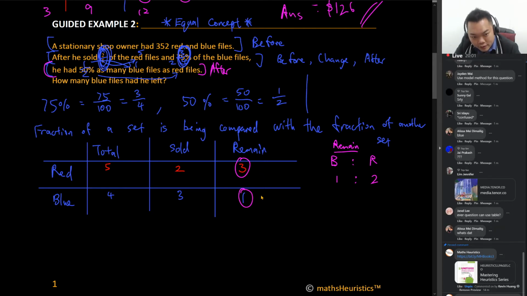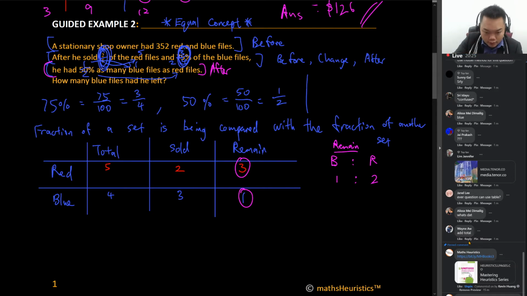In fact, the number is 1, this number here is 3, but can we say that the ratio is 1:3? No, not every question can use the table. But for those that can use table, you use it to organize your info. So now what can we do next?